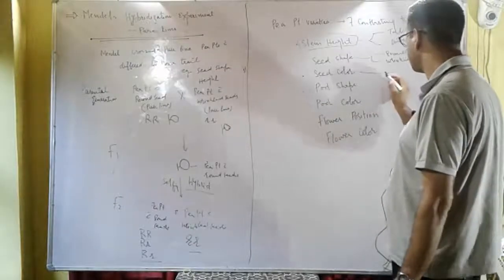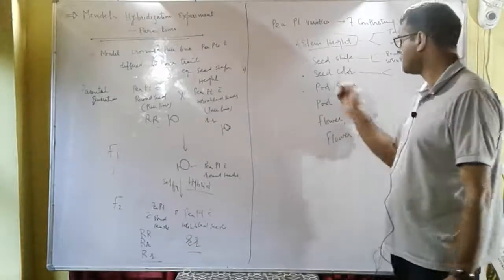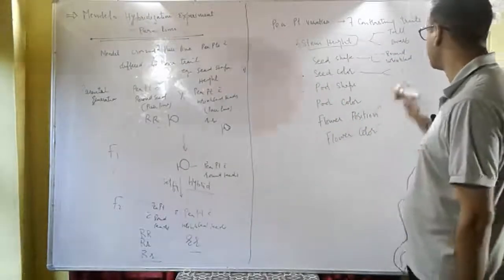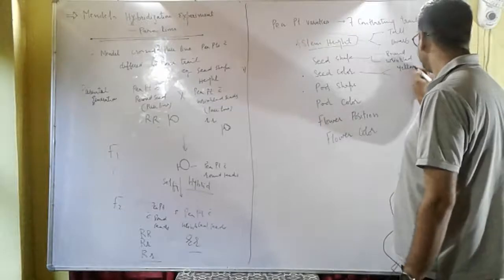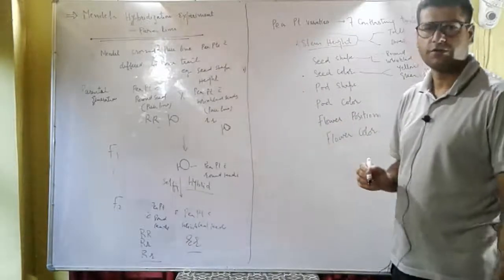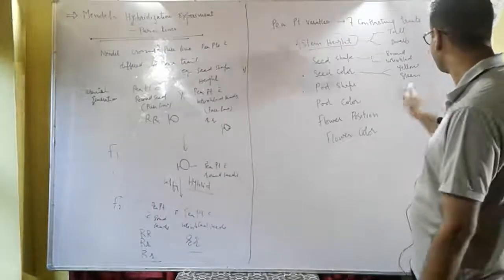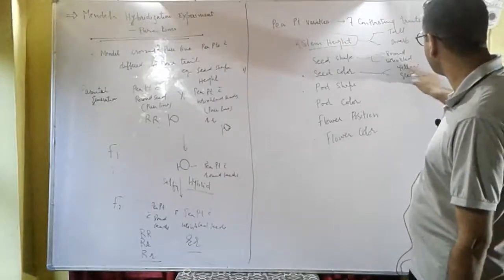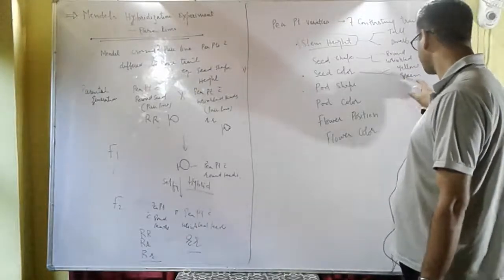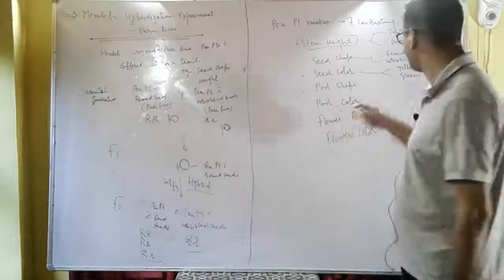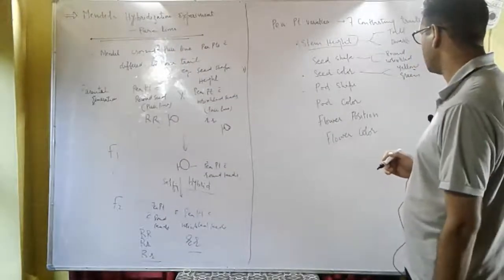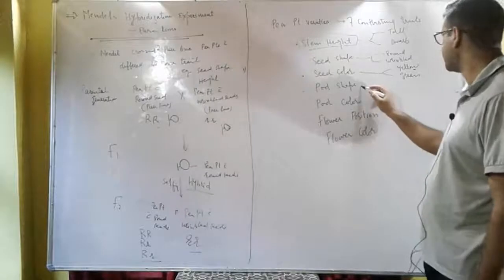Same is the case with seed color. Some pea plants had yellow seeds and some had green seeds. He crossed pea plants with yellow seeds with pea plants with green seeds, and in the F1 generation he obtained pea plants with yellow colored seeds.